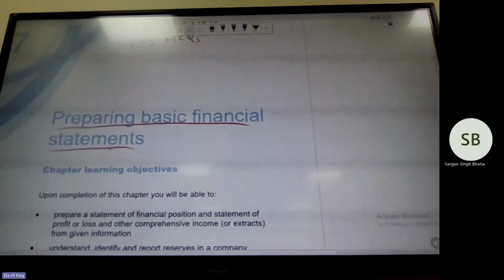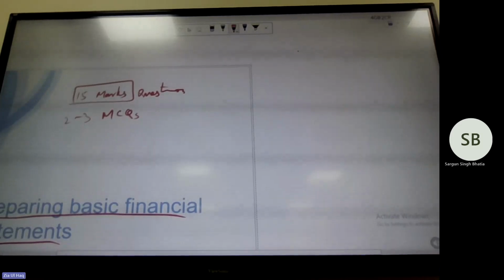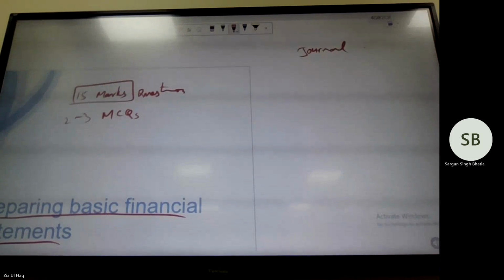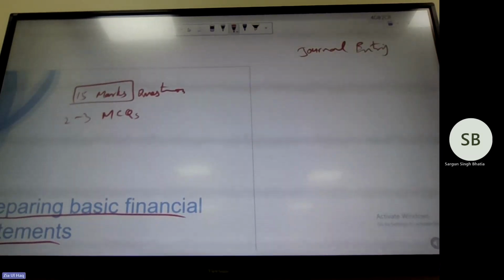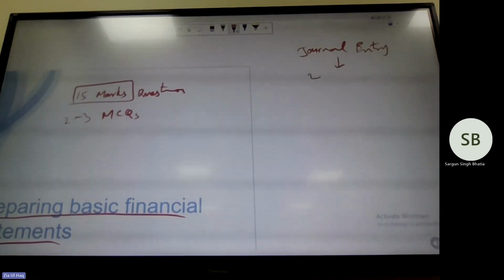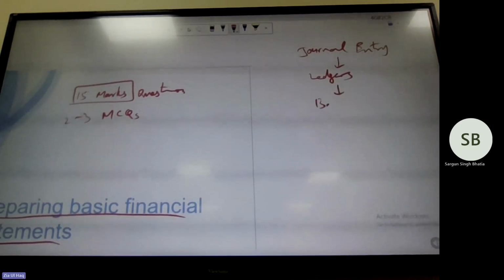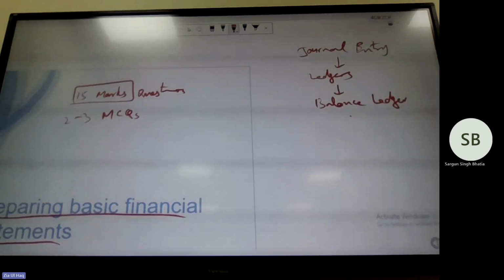So what we do, we have learned, first we record the entry in journal. For every transaction, we record the entry in journal. From journal, we post the entry to ledgers. Then we need to balance the ledger, meaning finding the closing figure of ledger.